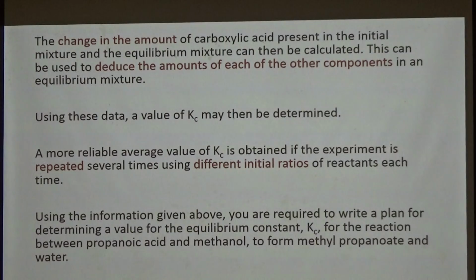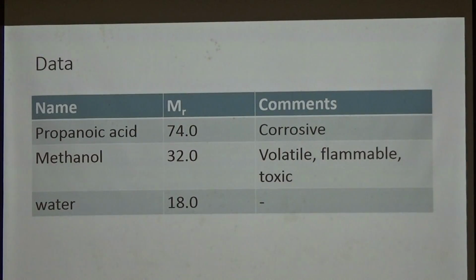So you must do repeats. And then you will be required to write a plan for determining the Kc value. So at the essence of this particular question, you are trying to determine Kc using titration. They give you some data, and this data will be useful later on.